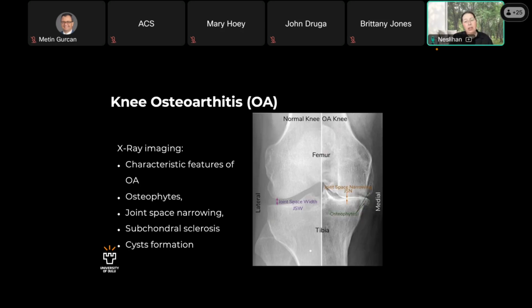Usually, we can observe the characteristic features of OA in X-ray imaging, for example, joint space narrowing, osteophytes, sclerosis, and cysts. But we know that soft tissues are also associated with OA, and they are not visible in radiographs. We can detect them in MRIs, but we still need X-rays for the complete detail of the knee.